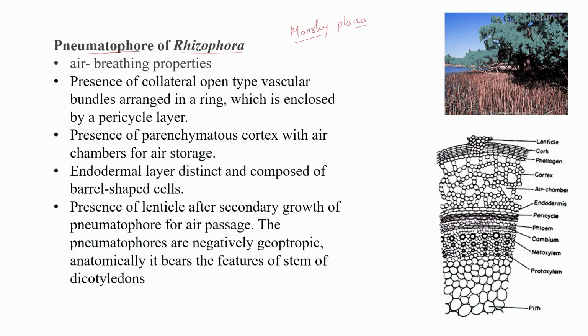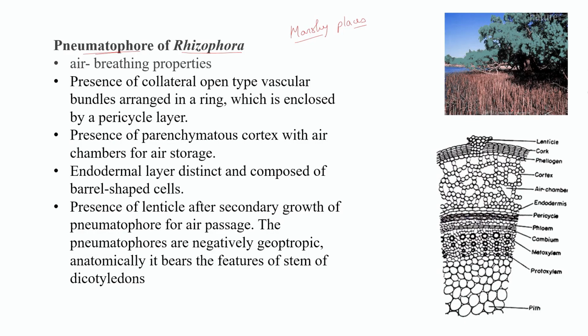Now since their roots are completely submerged in water, these roots also require oxygen for respiration, they also require gas exchange, but since water is completely present here, it's not very easy for them to respire, to obtain the gases. So what they do is give out aerial roots. These roots come out from the soil to the above ground surface.